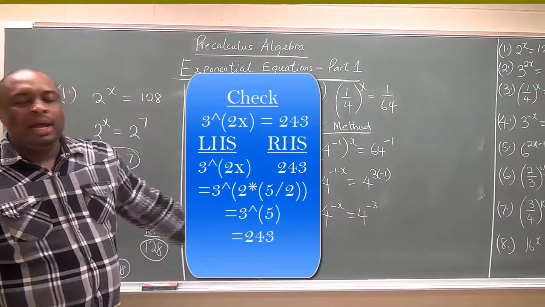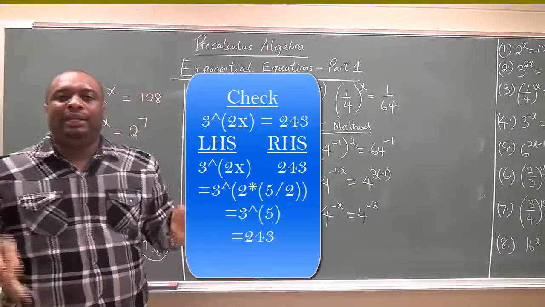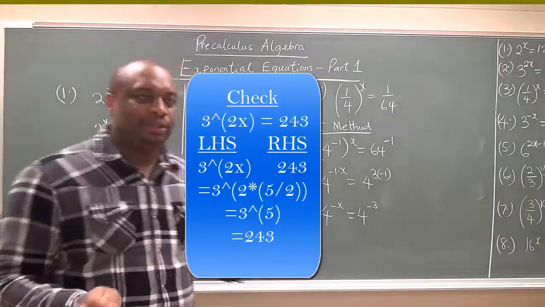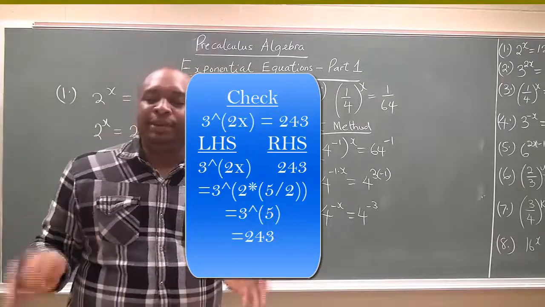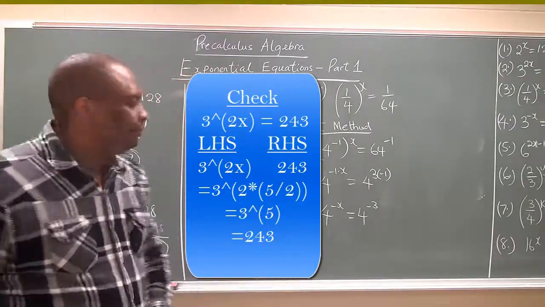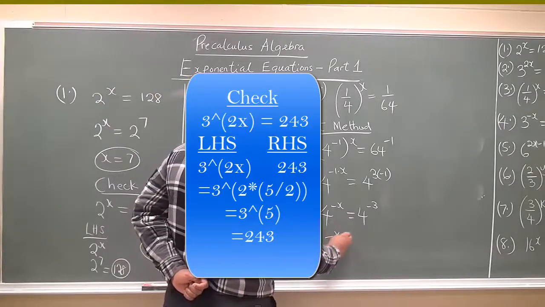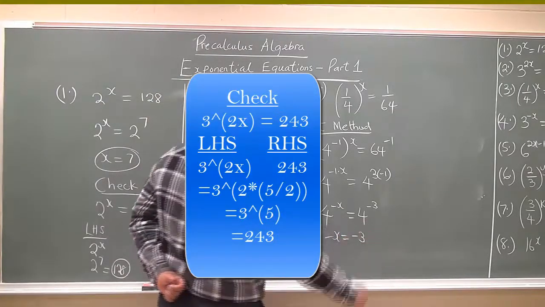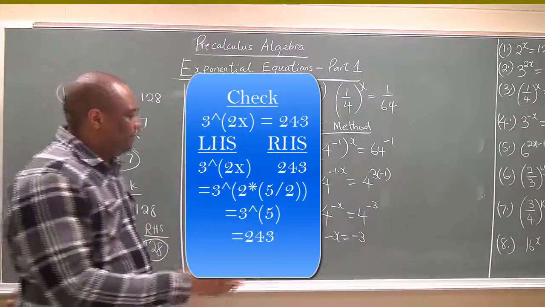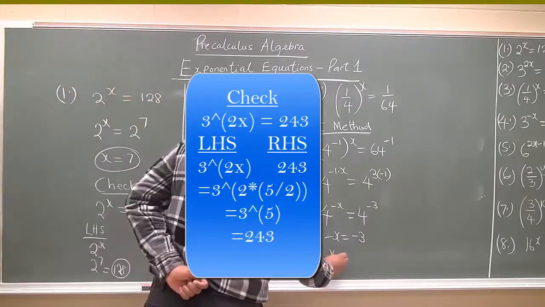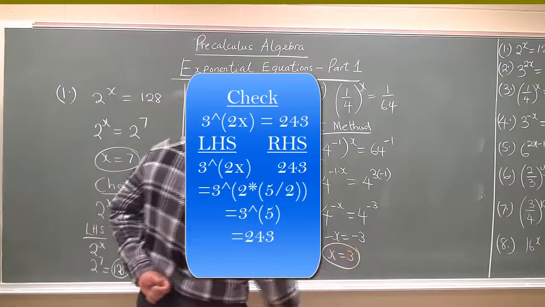So do you see that? You have to express it in the same base. So you can now equate their exponent, -x is equal to -3. And of course, if you divide both sides by -1, x will be equal to 3.